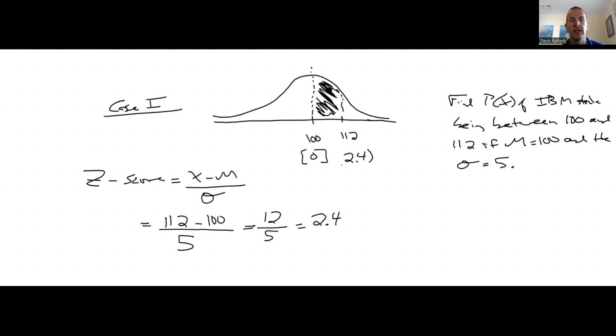So what I'm doing here with my brackets, I'm going to change the 2.4 to a bracket. This is my original values, right? My original values were 100 and 112, but with the brackets, these are now z-scores.